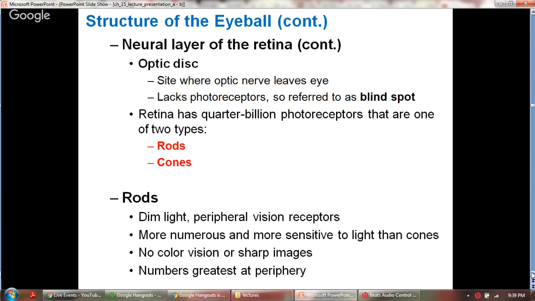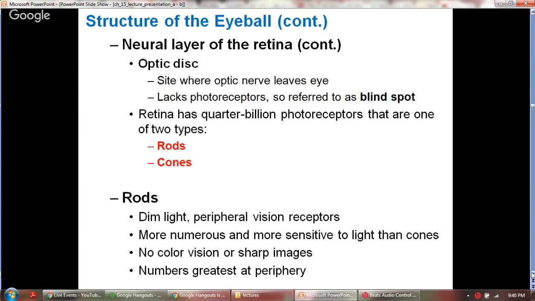And in the neural layer, you would find the optic disc, the site where the optic nerve leaves the eye. At this site you lack photoreceptors, so we refer to it as the blind spot. The retina has 250 million photoreceptors that are one of two types: either rods or cones.